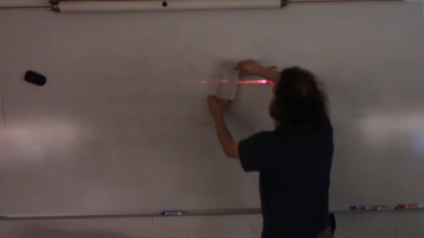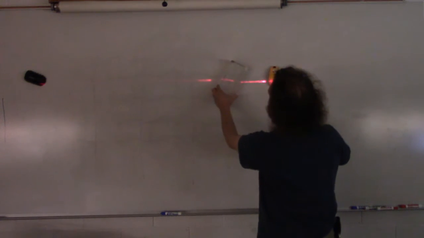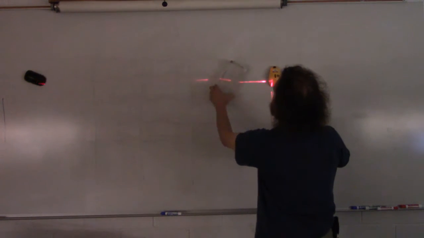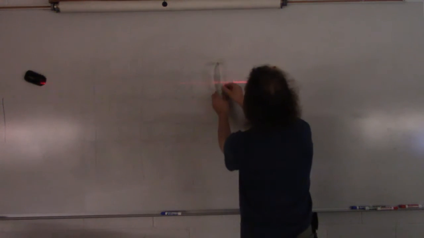This is just an acrylic block. For some reason you can't see the whole beam there, but in imaging, here's an acrylic block that's like the cross-section of a lens.